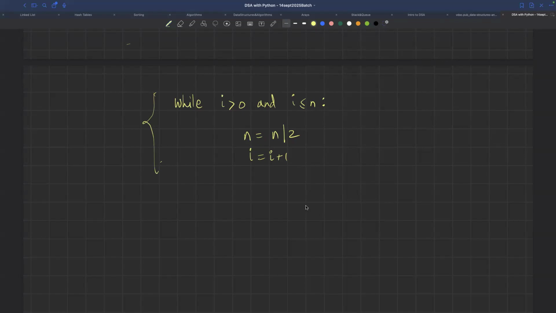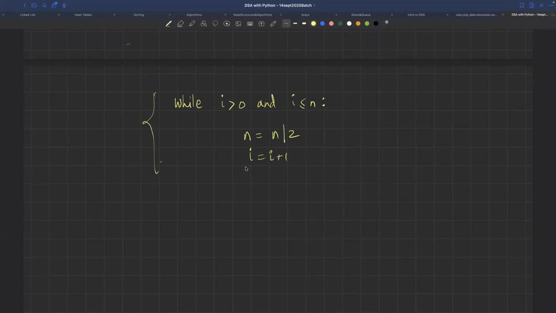And now we are again incrementing I. So the search will always be between n by 2. So it is basically what we were doing in binary search. The steps were reducing, so it is basically 2 raised to x equals log n.